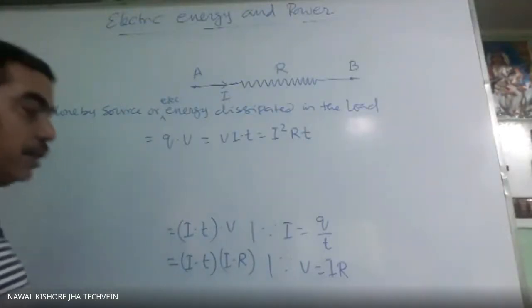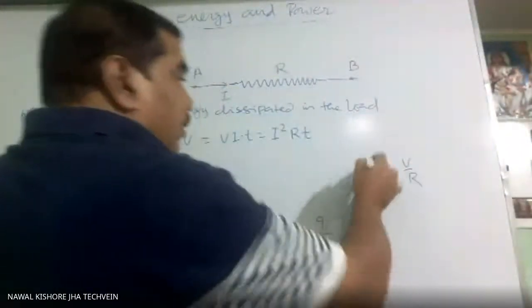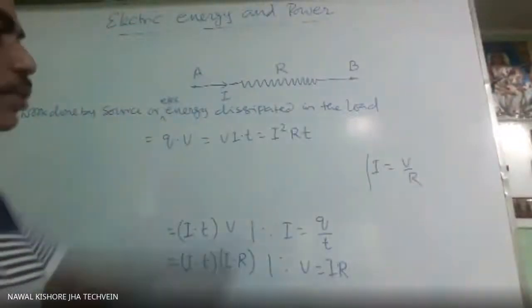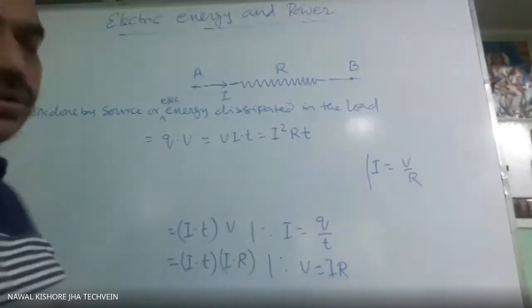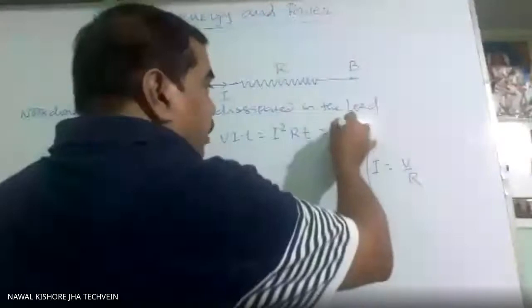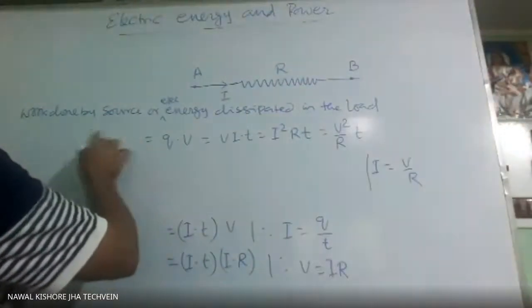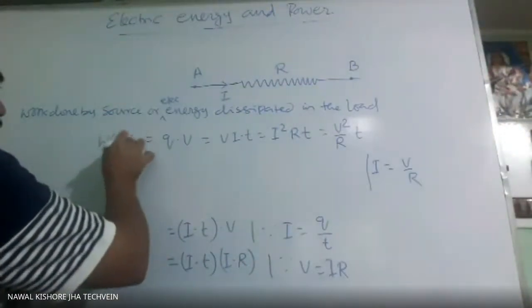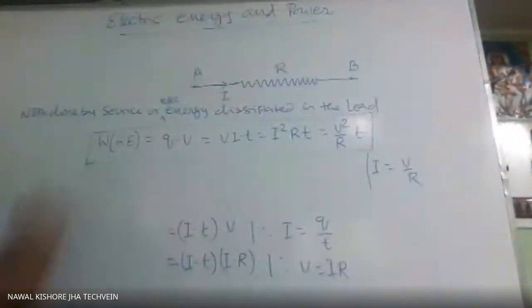Or in place of I, we can write this I is V over R. So if you are writing this V over R whole square into R, it can be V square over R into T. So this is the formula of work or energy, work done by source or energy dissipated by load, whatever is asked.